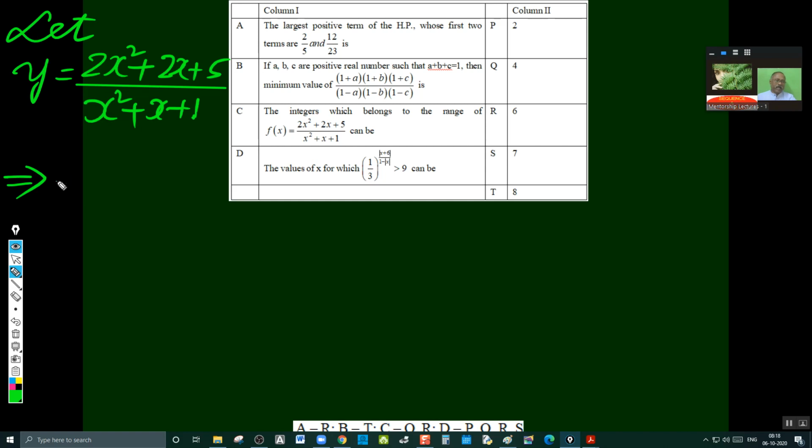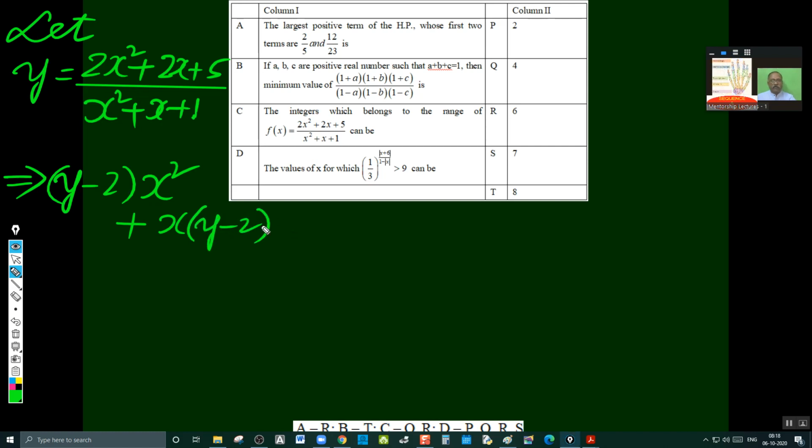That is, y minus 2 into x square, plus, cross multiplying and forming a quadratic in x, xy minus 2x plus x into y minus 2 plus y minus 5 is equal to 0.